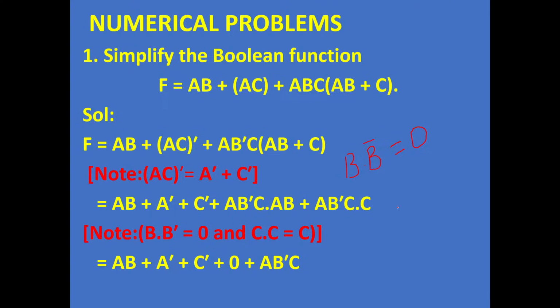So here B bar is there and B is there, so you can replace B into B bar by 0.